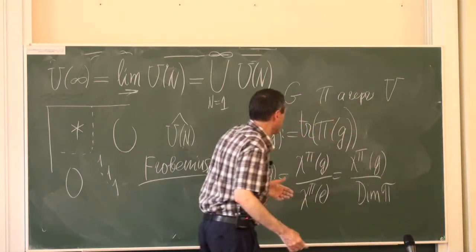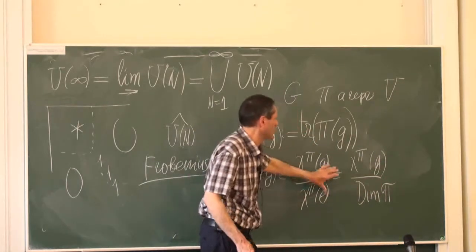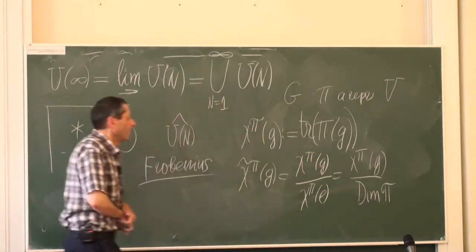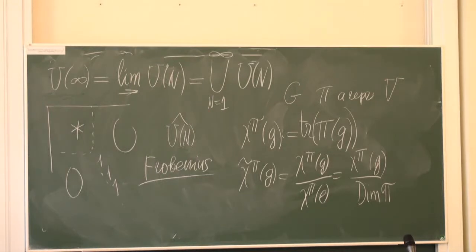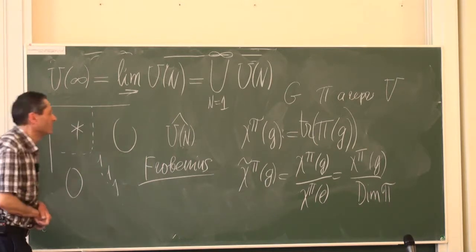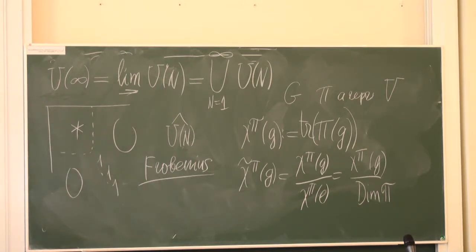One can prove that this quantity is always of modulus at most 1. And there is a surprising result which allows us to characterize irreducible normalized characters in terms independent of any representations.